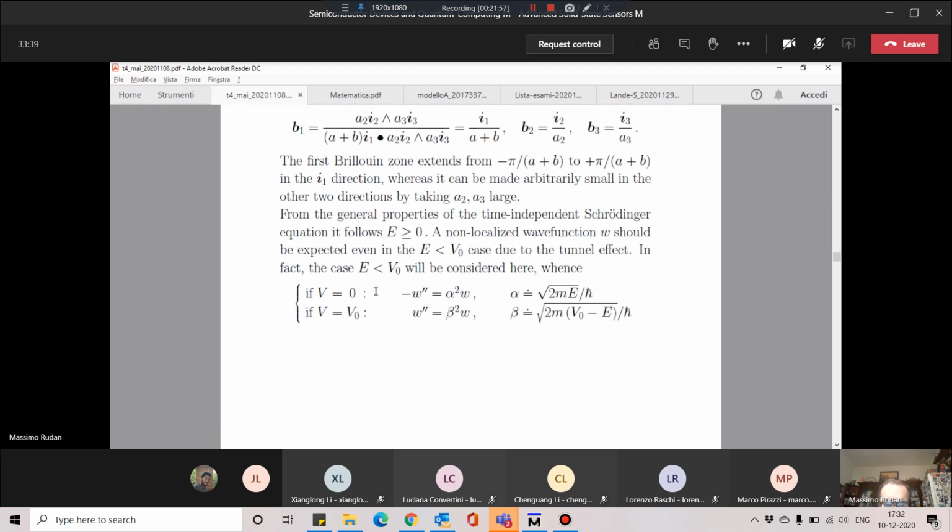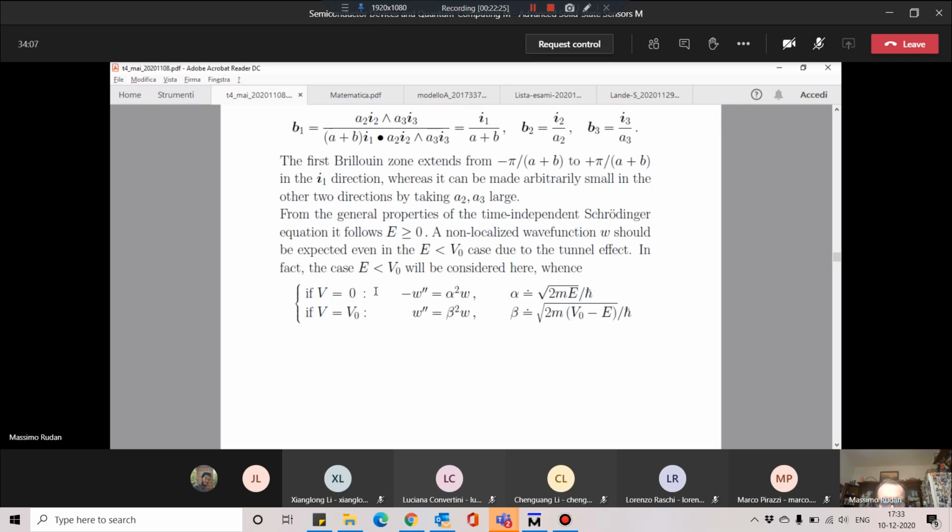And the equation to be solved is the second derivative of W equal to beta squared times W, and beta is the square root of 2m times V0 minus E, divided by H bar. Of course, V0 is larger than E, okay? So this is just standard. This is something that you have already seen before, okay?